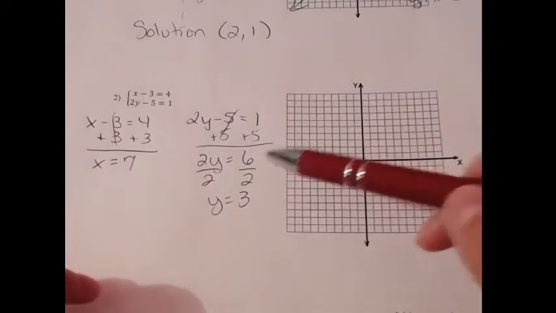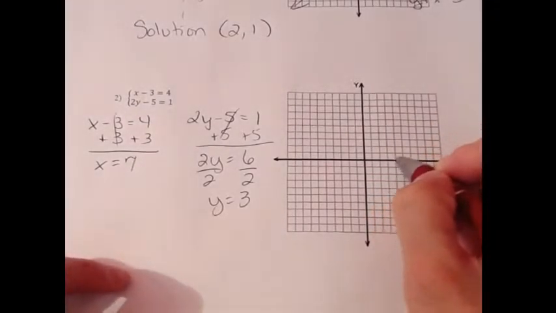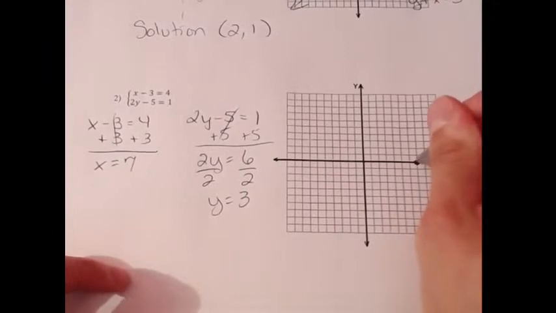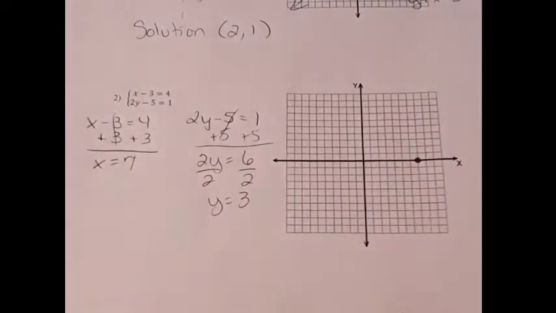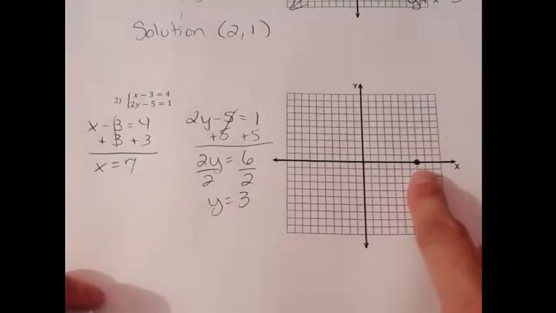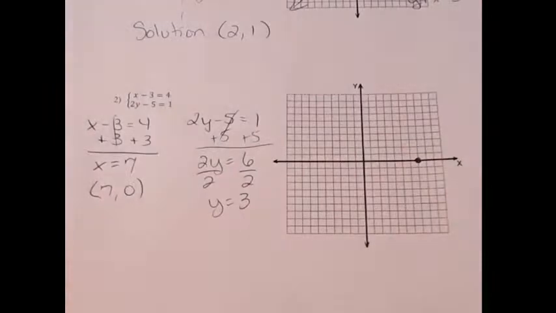So if I had to figure out where x is 7, I would go to 1, 2, 3, 4, 5, 6, 7, and I would plot this point. So then my next comment to you would be, well, what is that point? What is that ordered pair? And you would say, oh, that's (7, 0). So you would write (7, 0) as your first ordered pair.